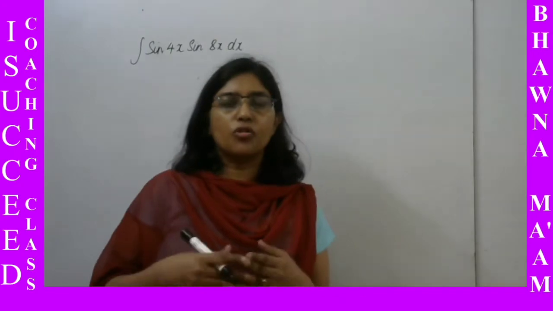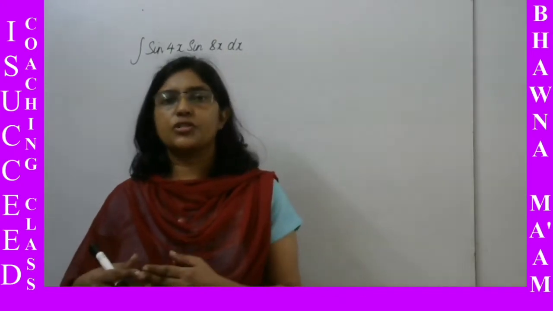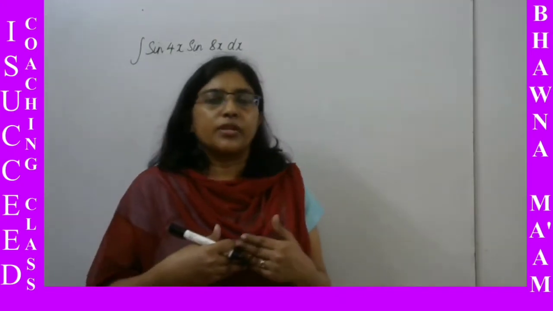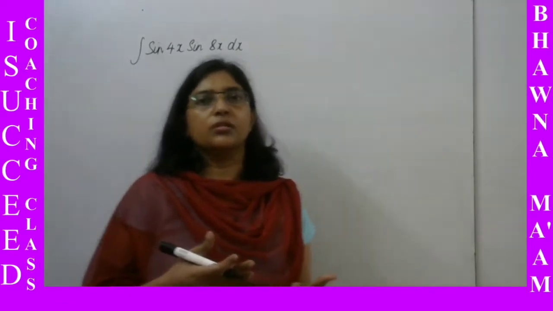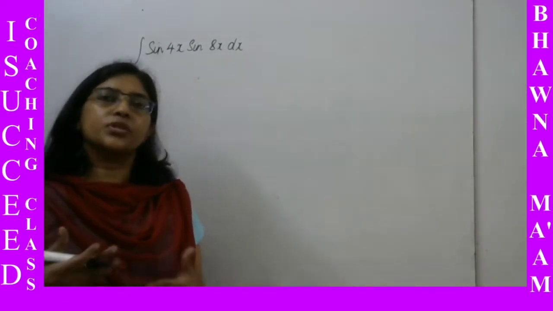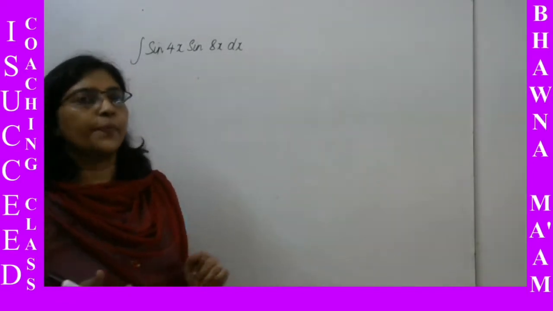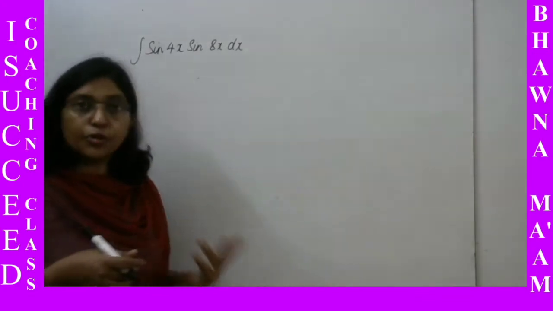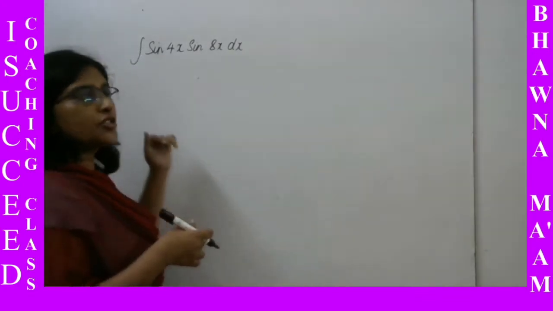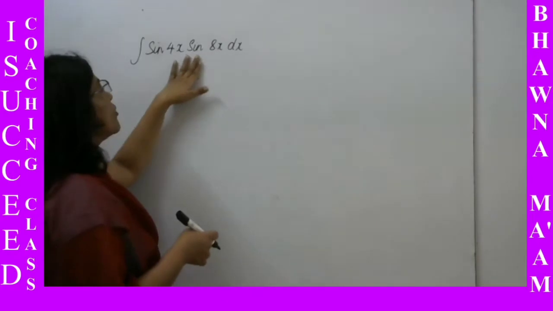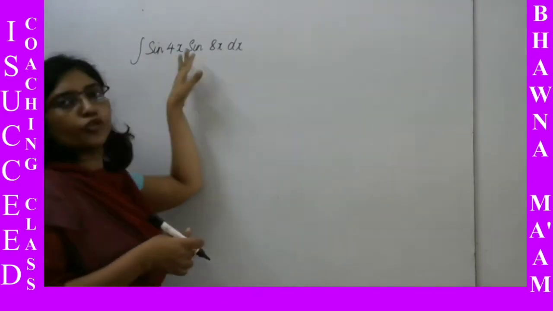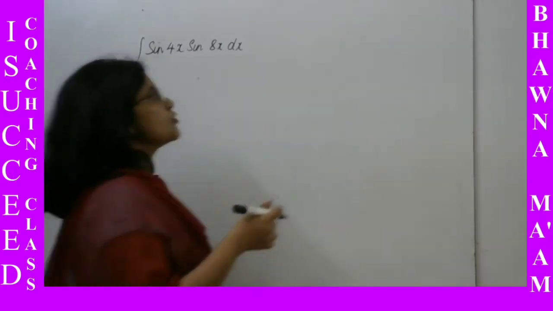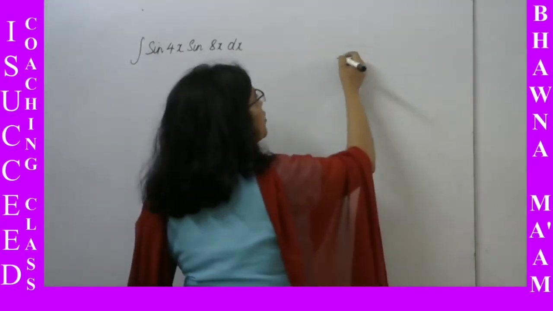The rest of the trigonometric functions which are raised to 2 or 3 have to be integrated with some formula or other. If it is a product of two trigonometric functions, we will have to apply the formulas. So here we have sin 4x and sin 8x. To this, we can apply the formula.